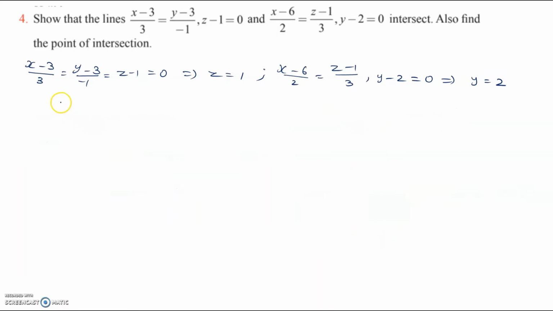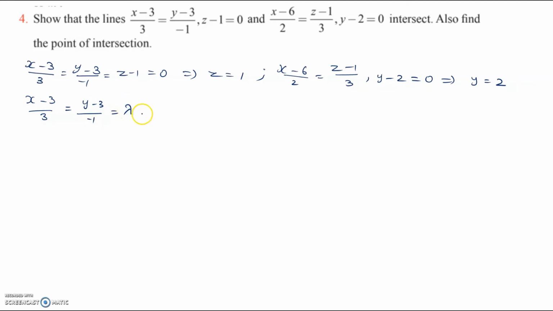Now for the second part of the question. Since the two lines intersect, at some point the xyz of the first equation is equal to the xyz of the second equation. So let's define the first equation as (x minus 3) by 3, which is equal to (y minus 3) by minus 1 is equal to, let's say, some lambda.